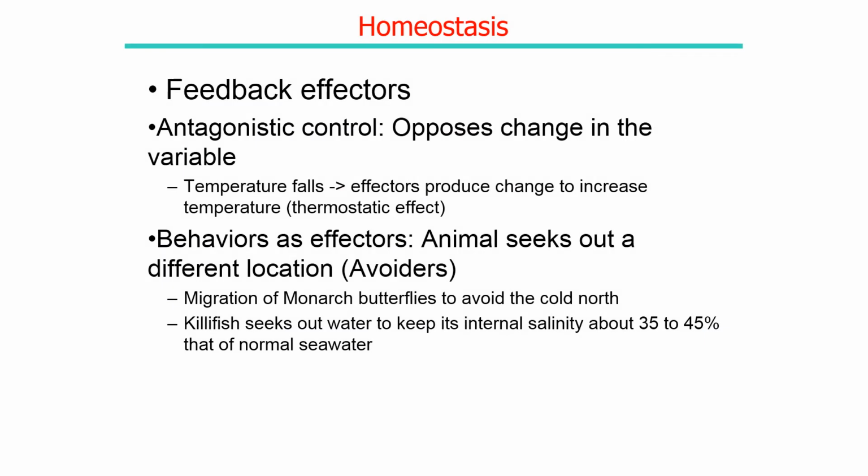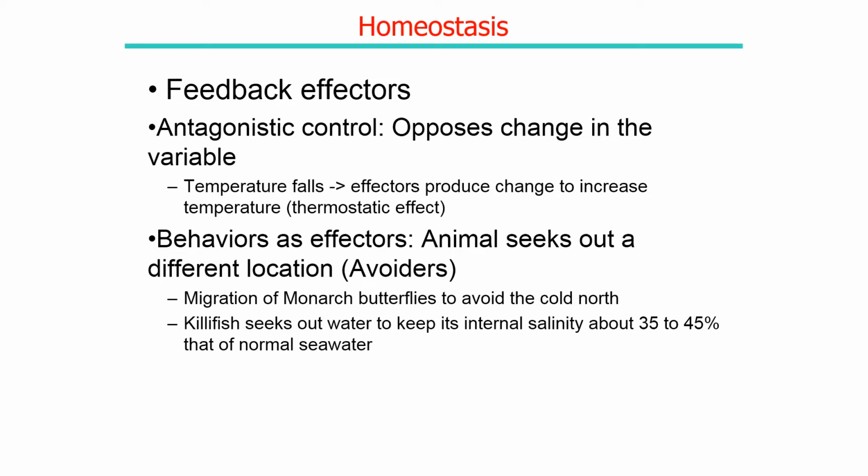What do the effectors do when they receive information from the control center? They introduce an antagonistic mechanism that opposes change in the variable. For example, if temperature falls, effectors produce change to increase temperature.